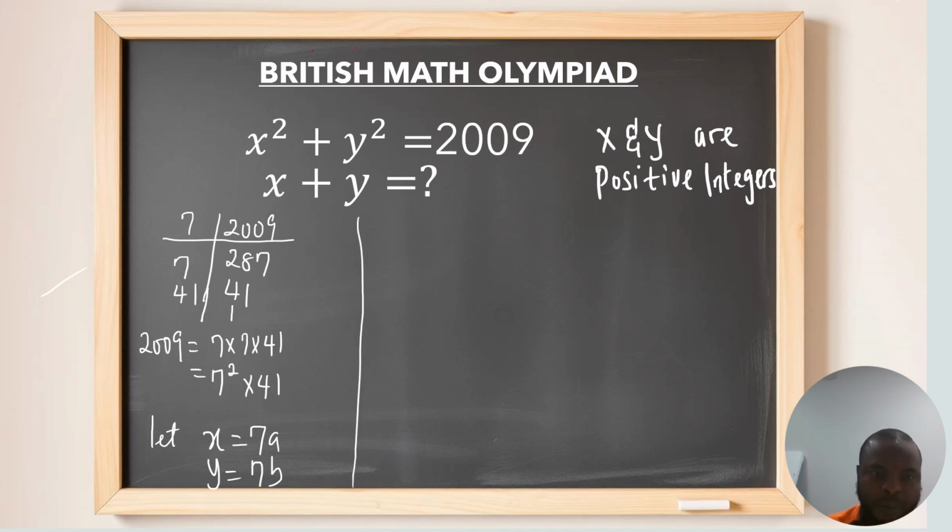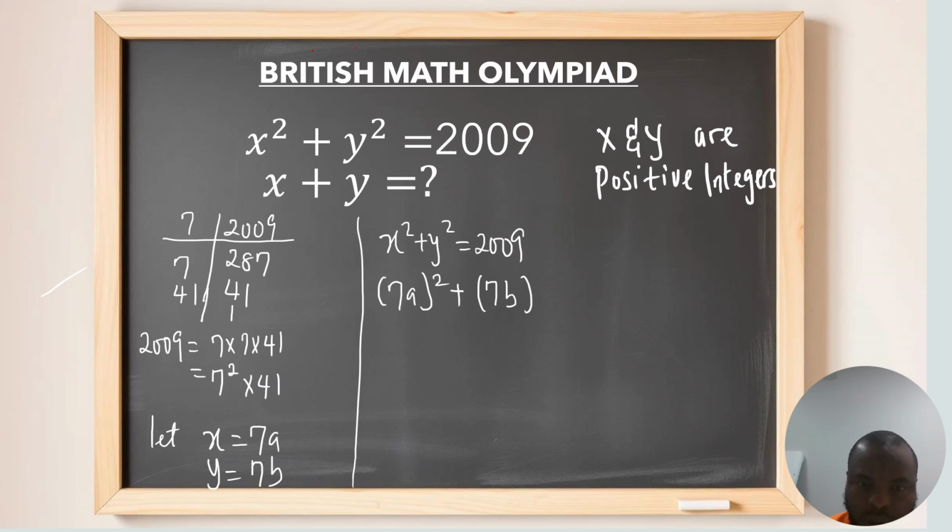So from here, recall that we have x squared plus y squared equals 2009. Now my x squared is going to be (7a) squared plus my y squared, which is (7b) squared, equals 2009. My 2009 can be written in this form, which is 7 squared times 41.